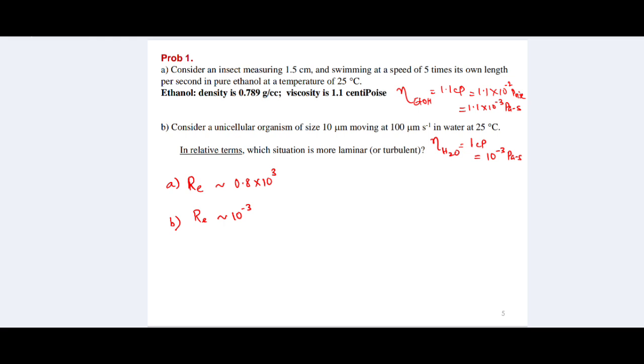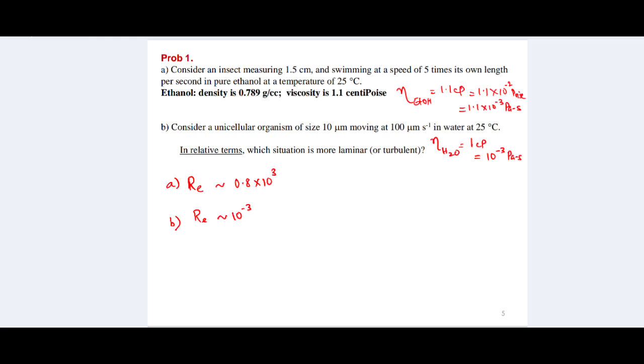So although in the first case we are below 1000, compared to that situation we are much more turbulent. Okay, so use your imagination a little bit and think of an insect moving in water versus a microorganism. Look, ethanol and water, they are viscosity more, density less, but they are not orders of magnitude different.